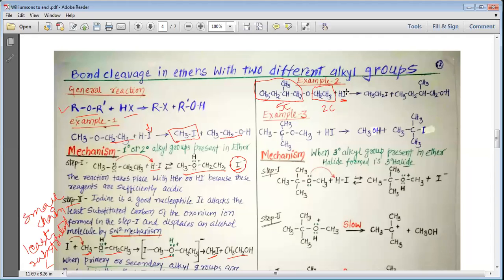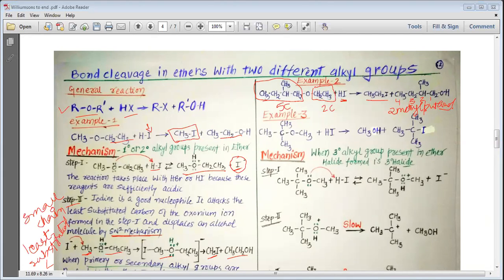We know that iodine attacks the less substituted carbon, and that is why we get ethyl iodide, whereas we get 2-methyl butanol as a product. This is the example that explains how hydrogen iodide reacts with ethers.